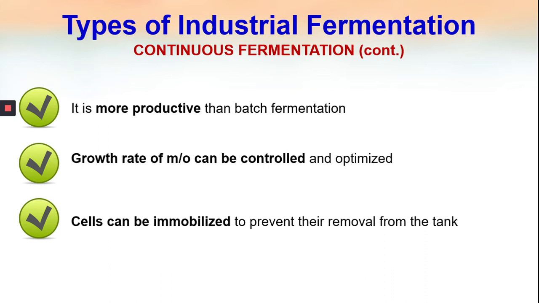The suitable products for continuous fermentation are those produced as primary metabolites, such as alcohol, amino acids, and so on.